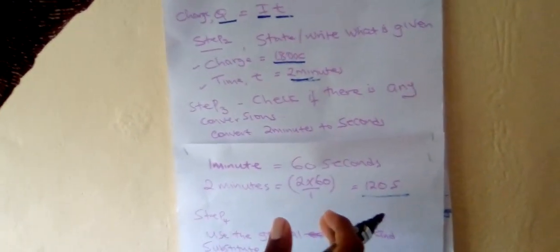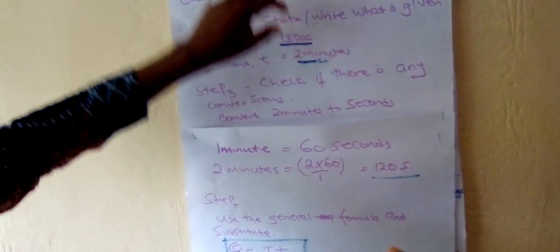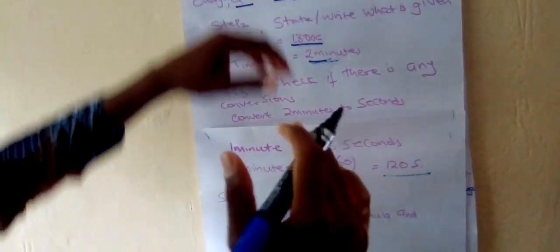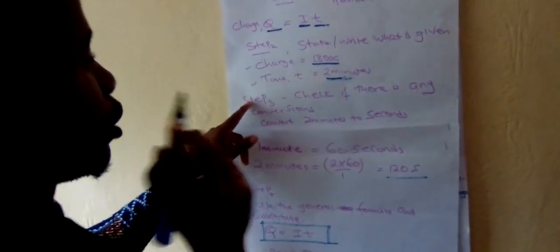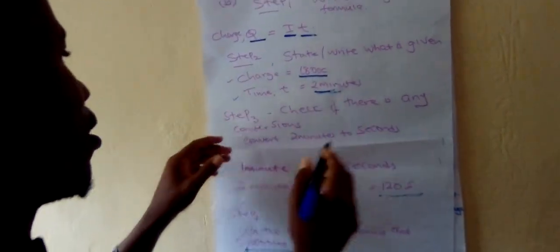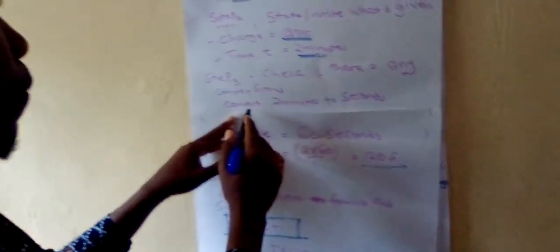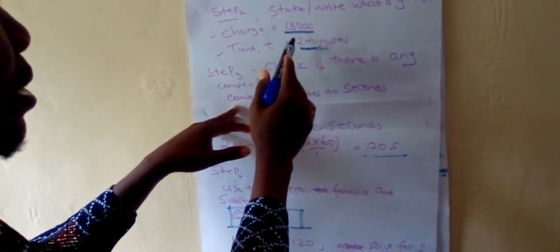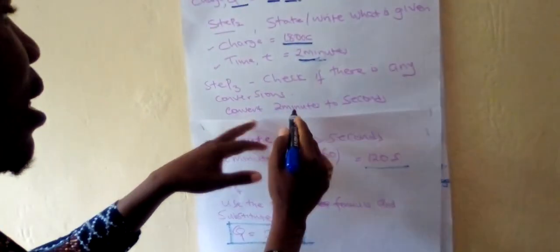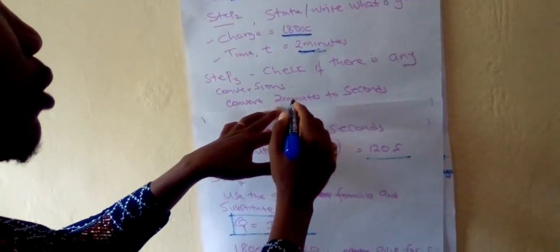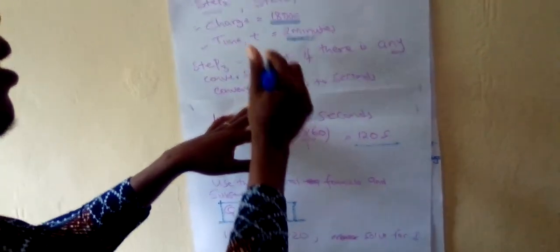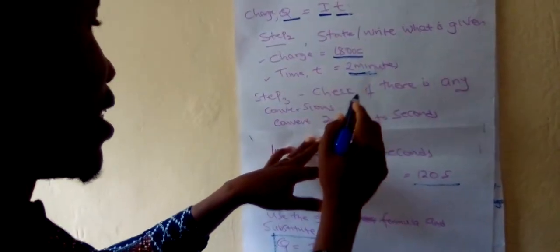Now, when we list, we look at whether we can just substitute in, or there are other modalities. Then we go to step 3. We check if there is any conversion. Earlier we said that when we are dealing with the calculations, the time must be in seconds.